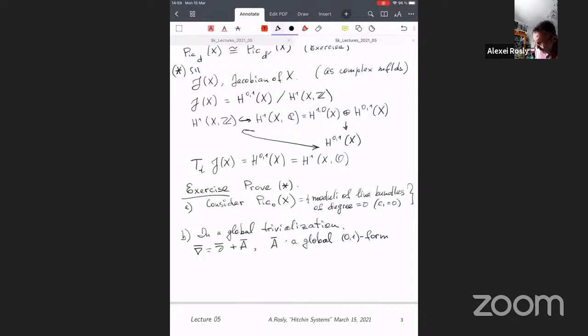Since we're dealing with line bundles, it's just a scalar 0-1 form, and the endomorphism bundle is trivial. Now we have to describe all 0-1 forms modulo gauge transformations. So our problem is to consider the space of such d-bar operators modulo gauge transformations.